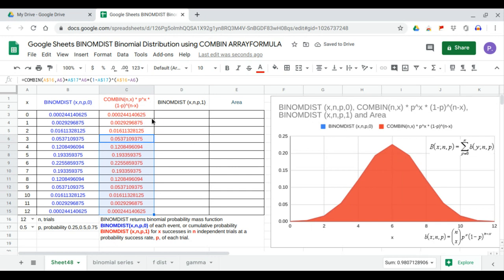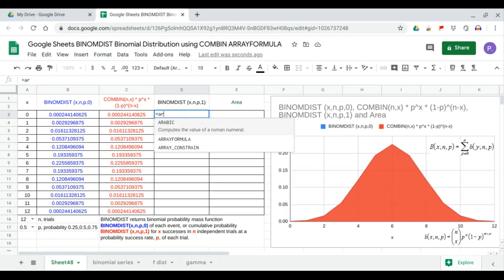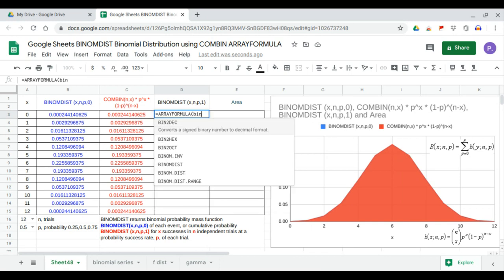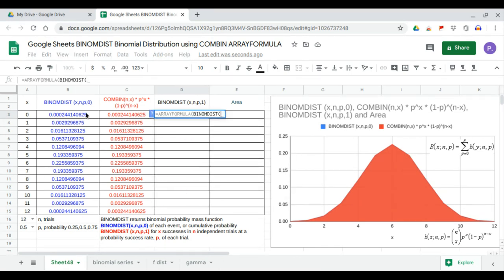The shaded area under the bell curve can be calculated using BINOMDIST, the cumulative binomial distribution, which is equal to the array formula BINOMDIST of the x values for n trials at a success rate of 50%, and 1 as the last argument, because this is the binomial cumulative distribution function.